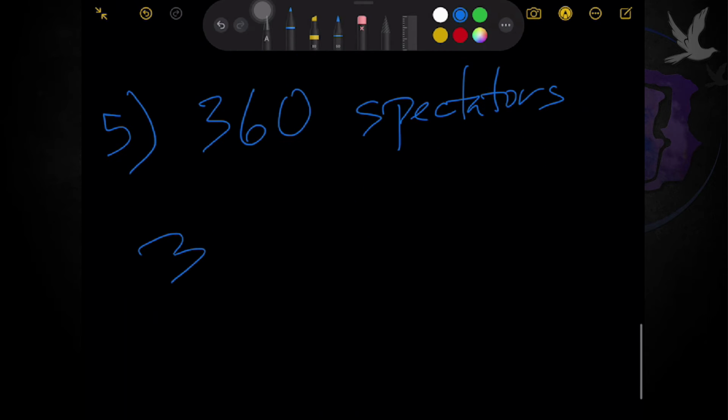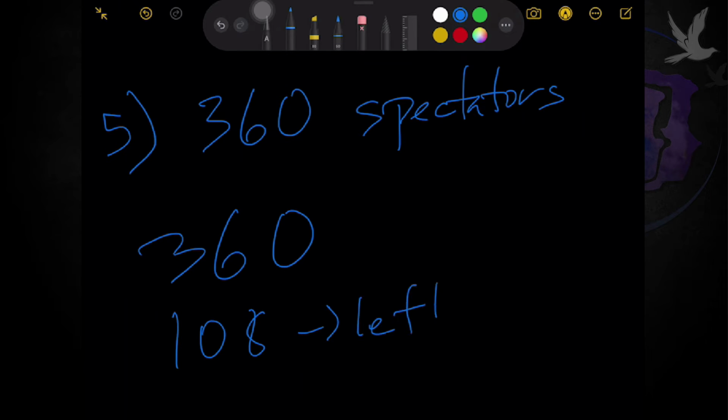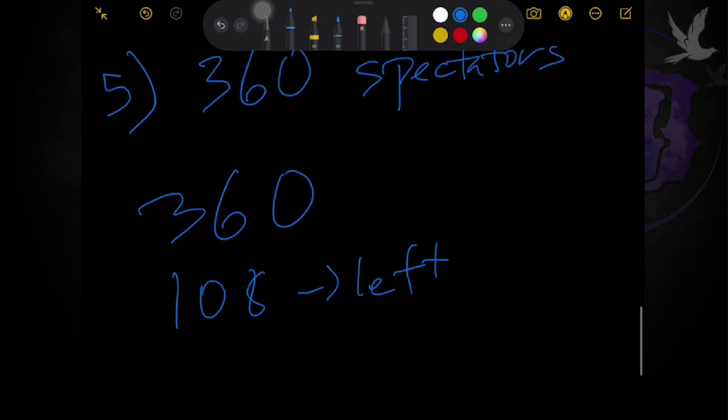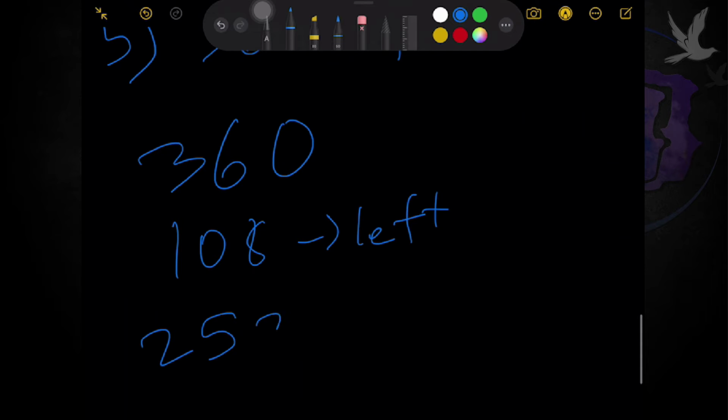Okay. 360 spectators, 108 left. If 108 left, ilan na lang ang naiwan? So again, you have the freedom to use your calculators because in this case, what's important is yung learning ninyo on percentage. Okay, when it comes to percentage.